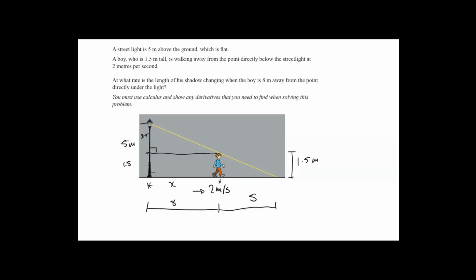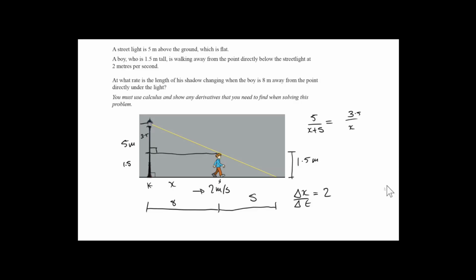And we know that the change in x with respect to time is 2. Because these are similar triangles, this big one here, with side 5 over x plus s, must have the same ratio as this triangle here, 3.5 over x.